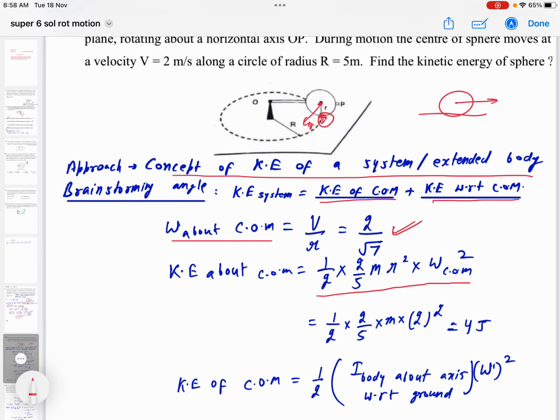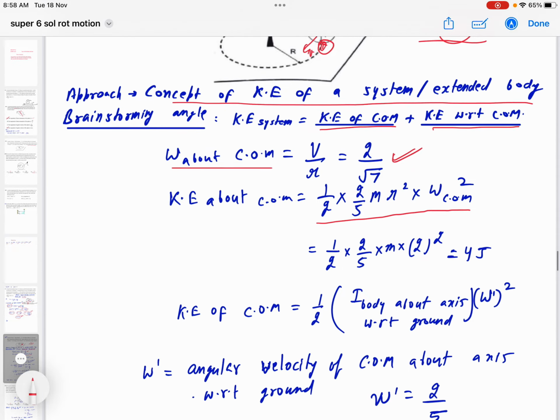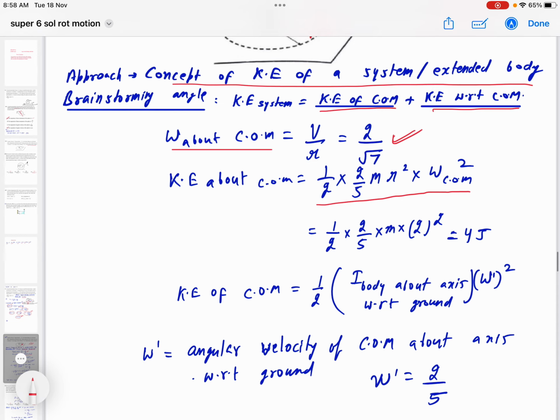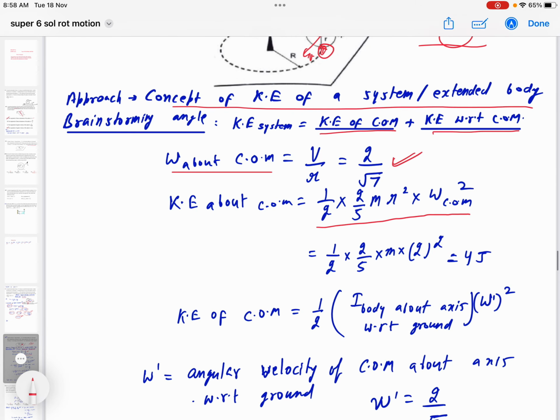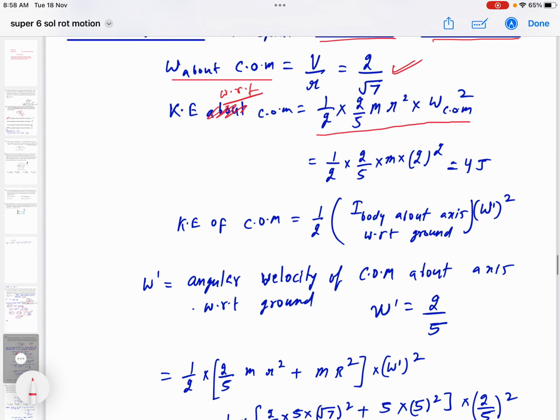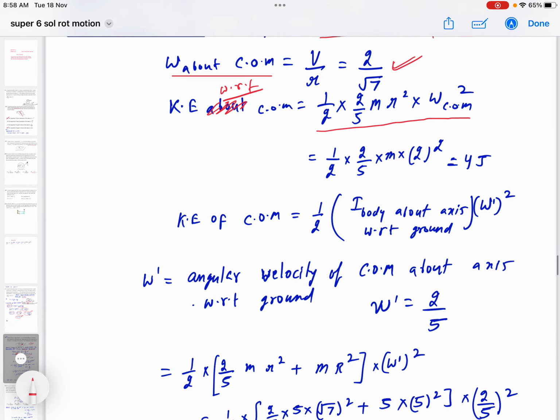Okay, right. So omega about center of mass. Okay, so here I should write kinetic energy with respect to center of mass. Okay, beta. And kinetic energy of center of mass is this quantity, moment of inertia about the axis with respect to the ground, times omega dash square.